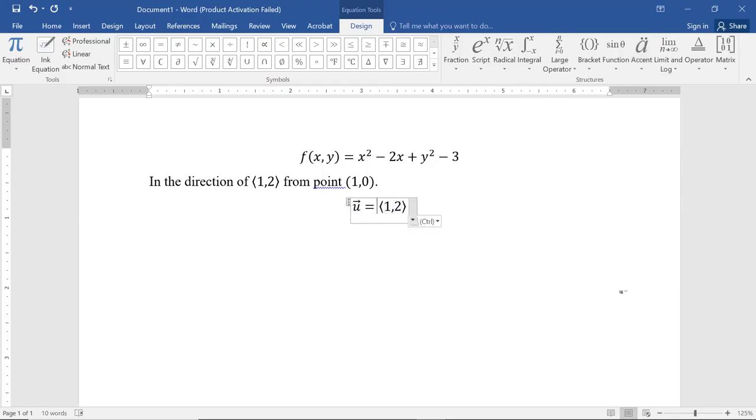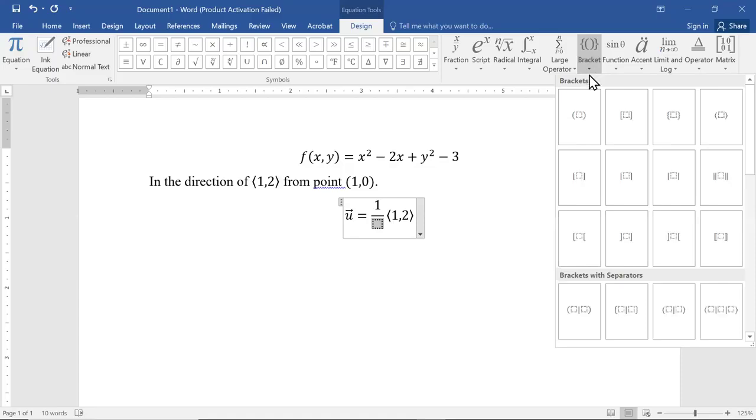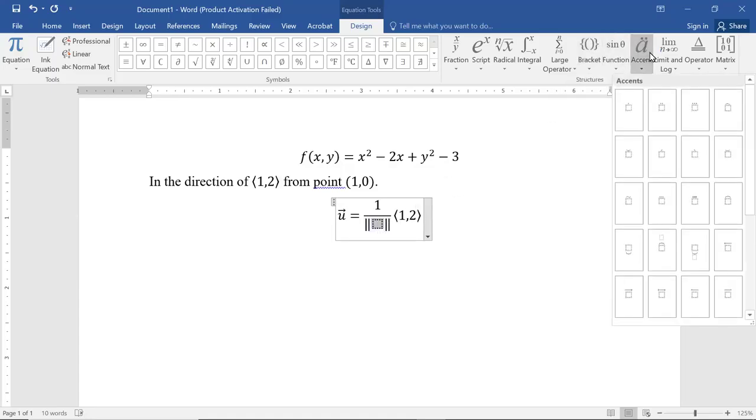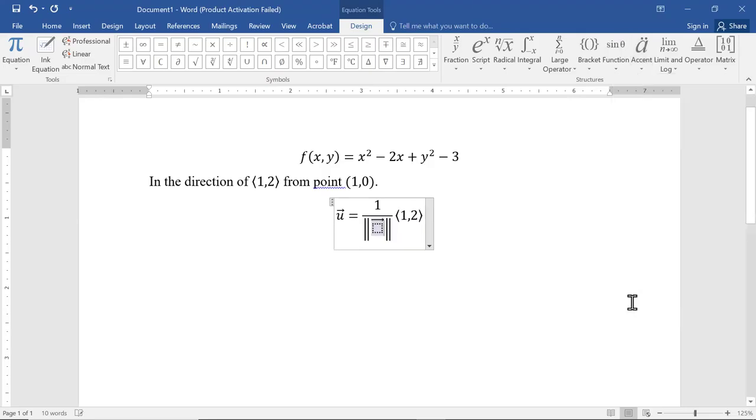If you remember how to do this, we take 1 over the magnitude of the vector times the vector, and that'll give us a unit vector. So 1 over, let me just write the steps down this time, 1 over the magnitude of vector u. Actually, I'm sorry. Let's call this vector v. I don't want to get it confused. Let's say this 1, 2 is vector v.